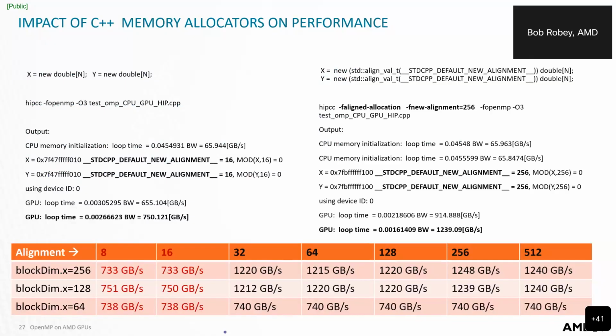So here again, we're looking at going from 16 to a new alignment of 256, and you can see that compared to this 733, we're almost doubling the performance here by using the new alignment. So that can be quite effective for your applications. Next slide.